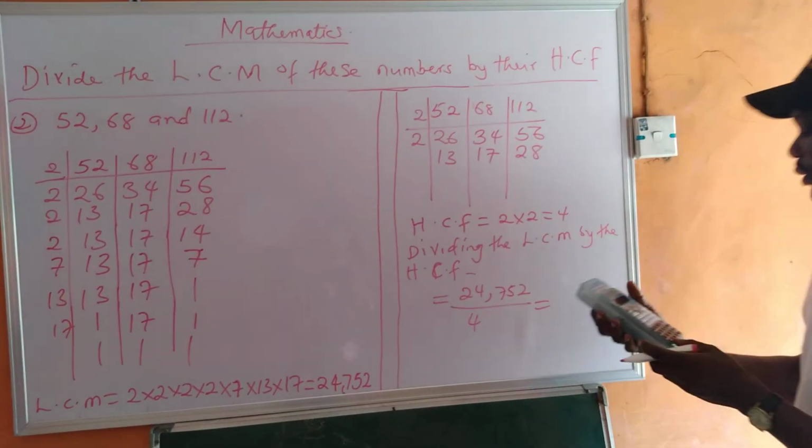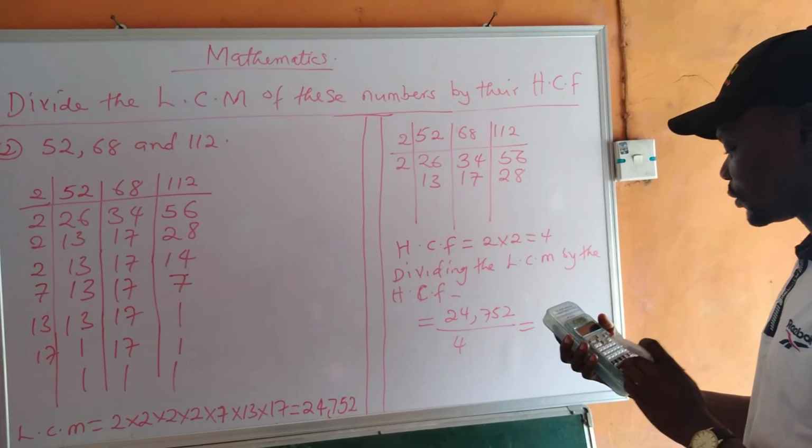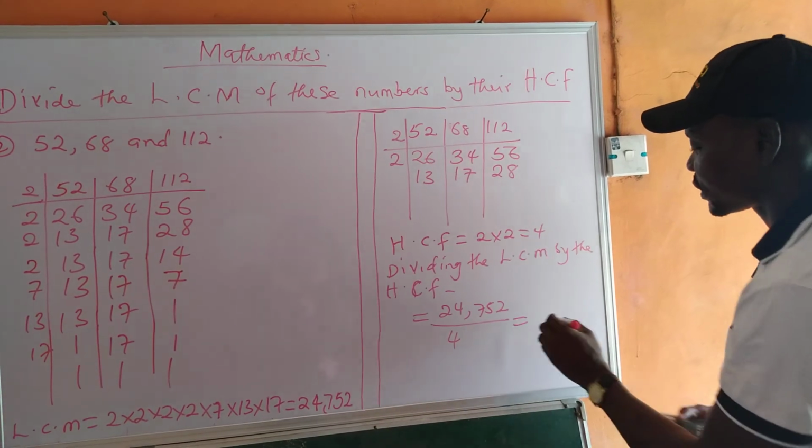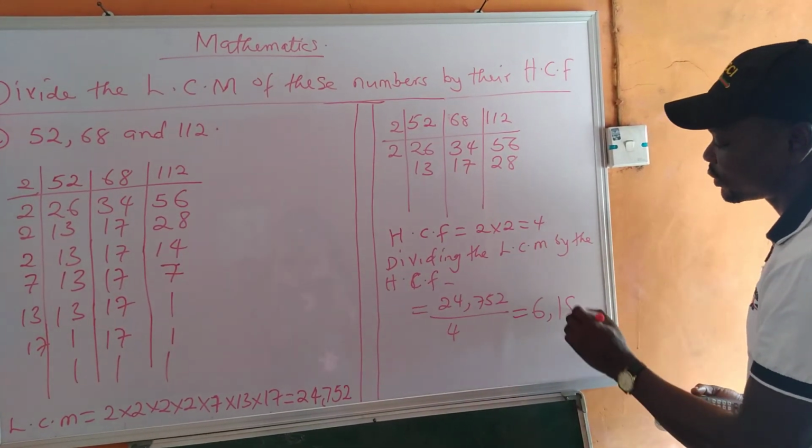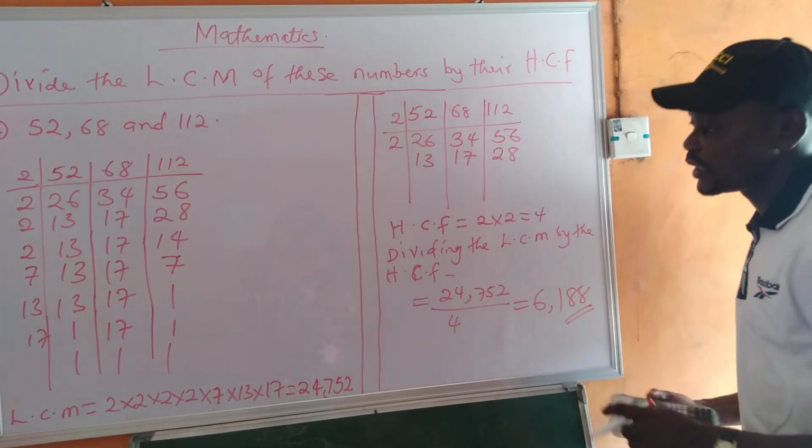Let's divide it by calculator. Divided by 4, we have 6,188 as our final answer.